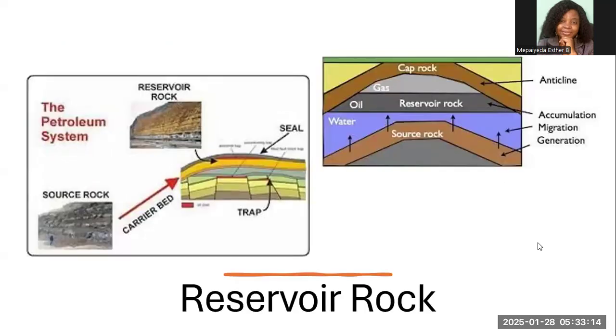Okay, so here we see the cap rock. Okay, let me start from here. We see the source rock. Here, there occurs the maturation. There is accumulation of organic matter here, and then they're buried for millions of years.